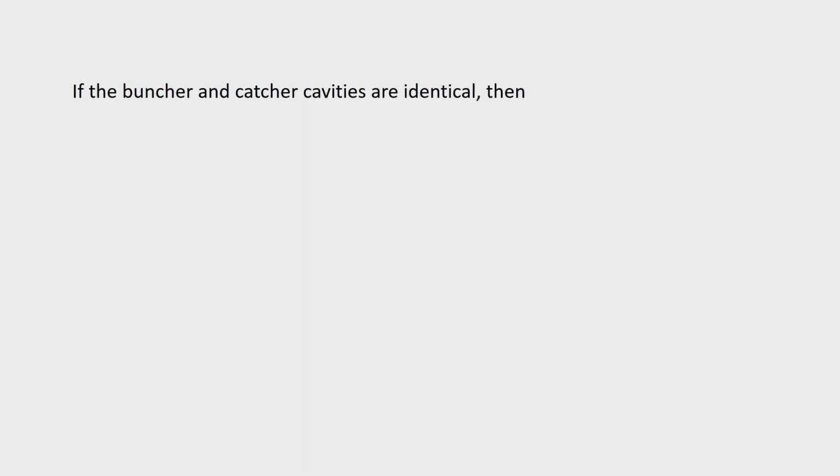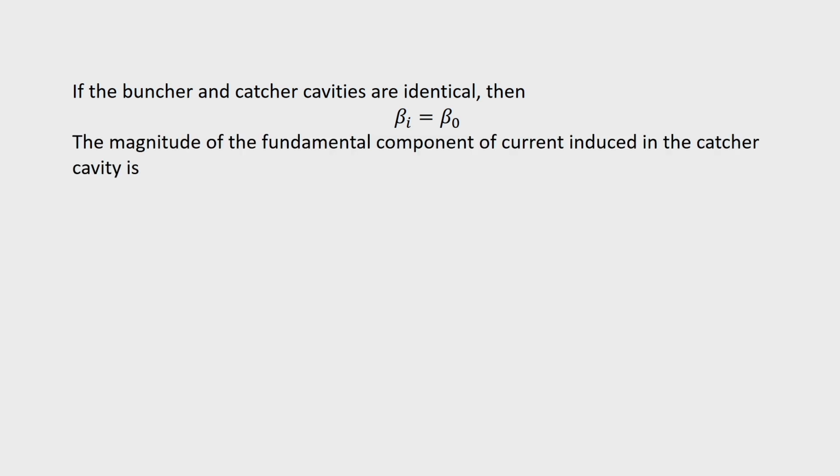If the buncher and catcher cavities are identical, then we will have beta i is equal to beta naught, and the magnitude of the fundamental component of current induced in the catcher cavity is I2 induced is equal to beta naught I2, which can be written as beta naught 2 I naught J1(x).